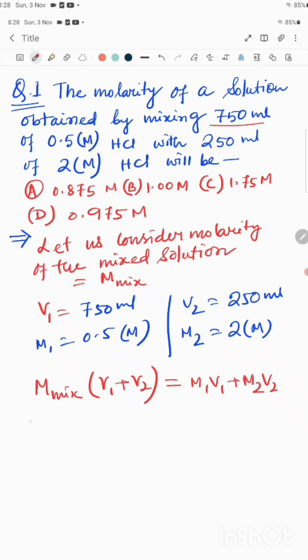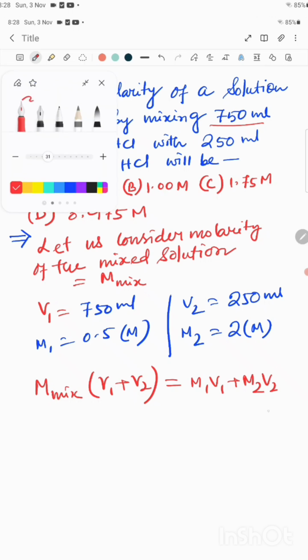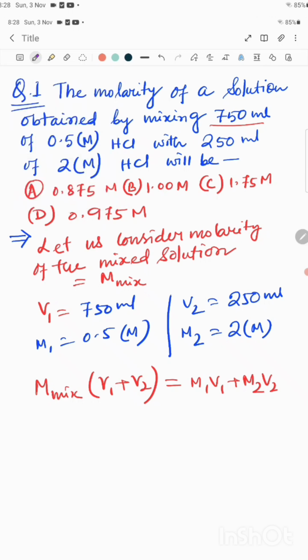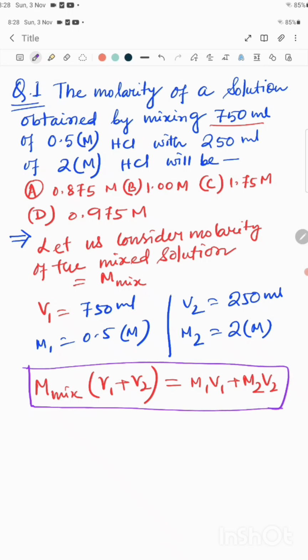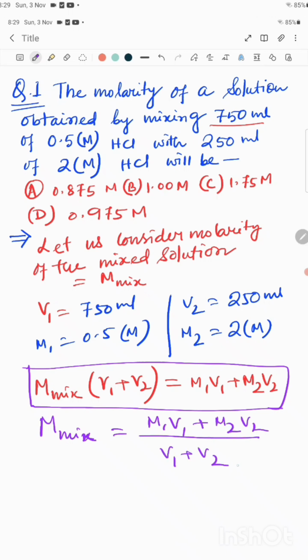Now we have to calculate. Here V1 and V2 are already known, and M1 and M2 are already known. So the unknown is the molarity of the mixture, M mix. M mix equals M1V1 plus M2V2 by V1 plus V2.